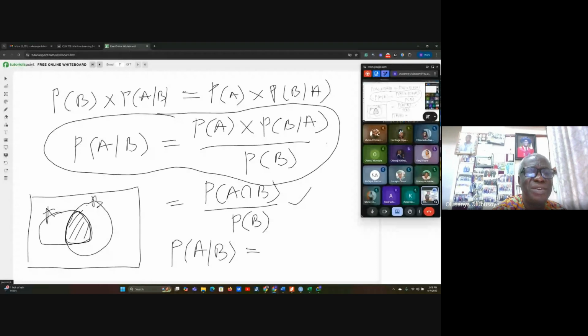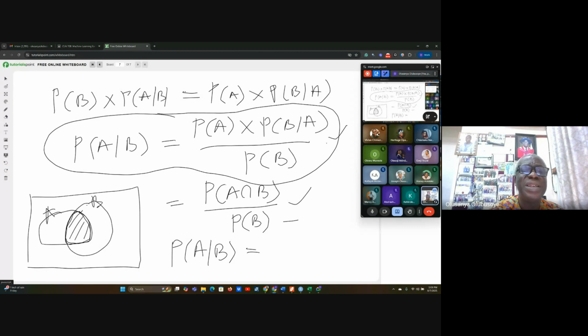So it is the expansion that gives you this. This probability of B, which is the denominator, is what we call total probability.